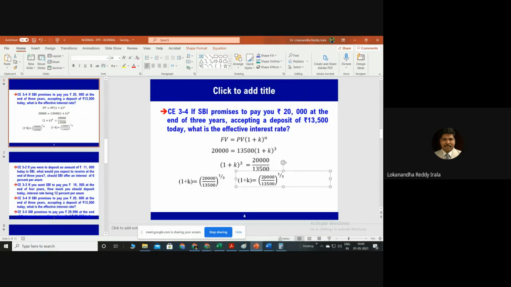So how much is 20,000 by 13,500? 1.481. For that, now we have to take the cube root of 1.481, that is to the power of 1 by 3, which is 0.493.